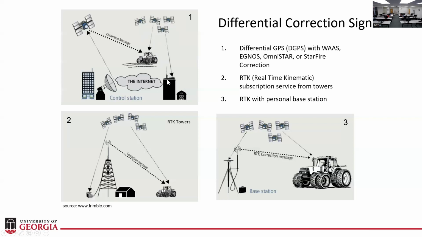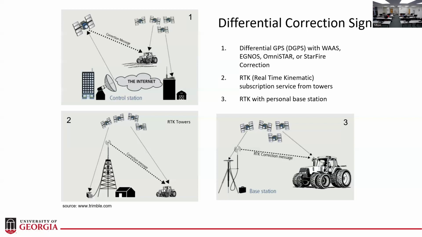With the beacon, the correction message would come directly from the base station to your receiver, right? But in this case, with WAAS and the other types of companies, the signal doesn't go directly there. It goes to a geostationary satellite, and that satellite sends it directly to your receiver.